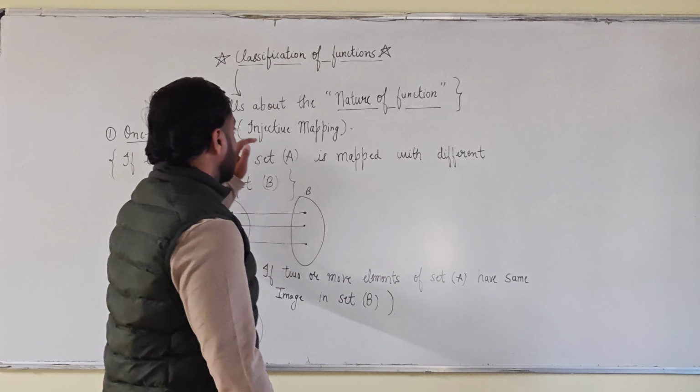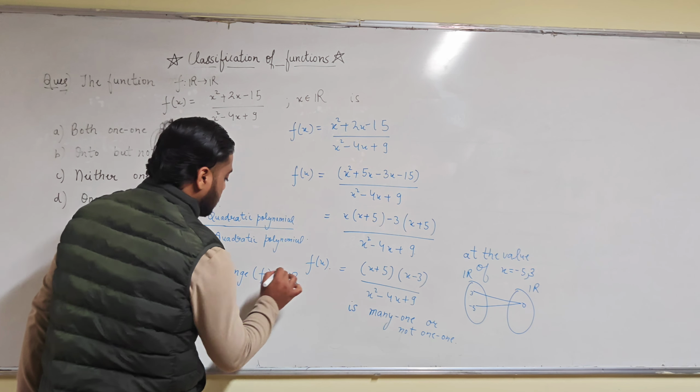And we know the important fact that if the function is of the type quadratic polynomial upon quadratic polynomial, then the range of the function is not equal to the codomain, which is the real numbers.